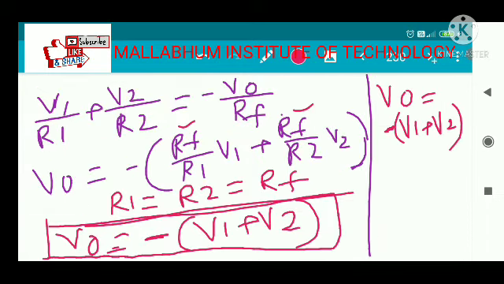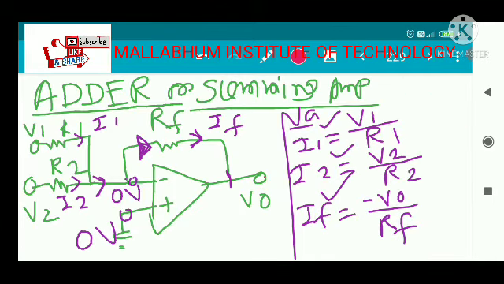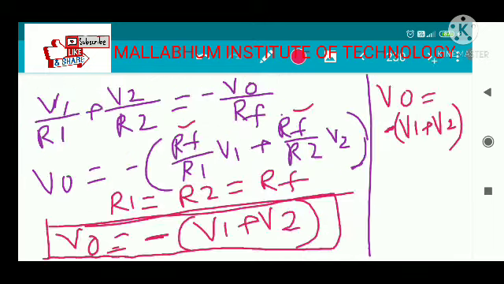But you can eliminate this negative sign by connecting this V0 as an input to another inverting amplifier. Then the negative will become positive. So we need an extra amplifier, so that your expression will look like this: V0 equal to V1 plus V2.